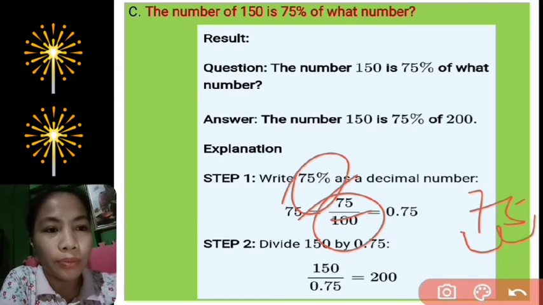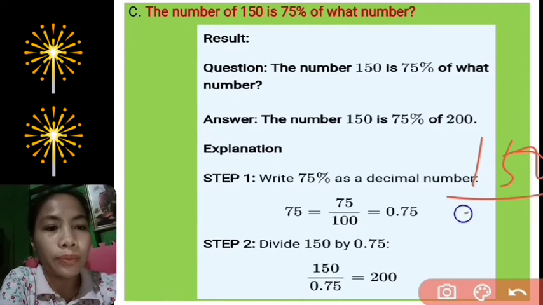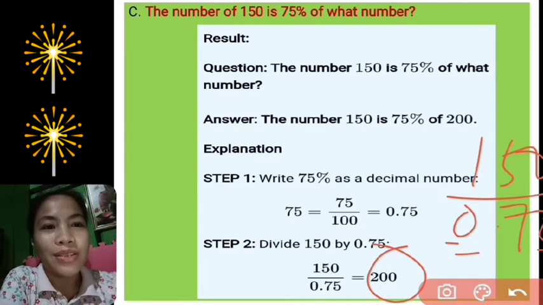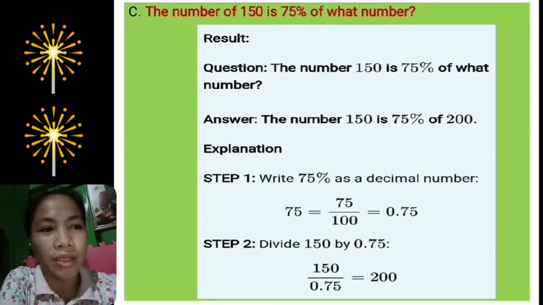Step 2. Divide 150 by 0.75. 150 divided by 0.75 is equal to 200. So 150 is 75% of 200. That's the answer, 200.